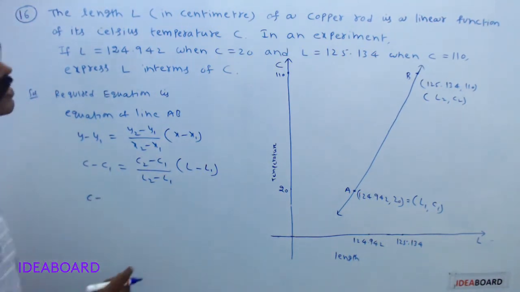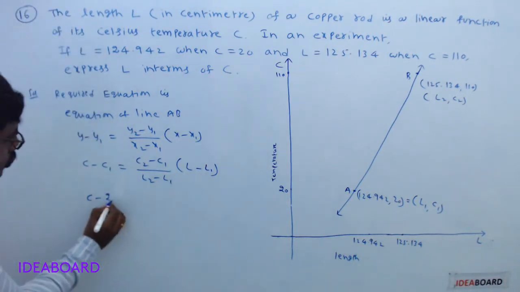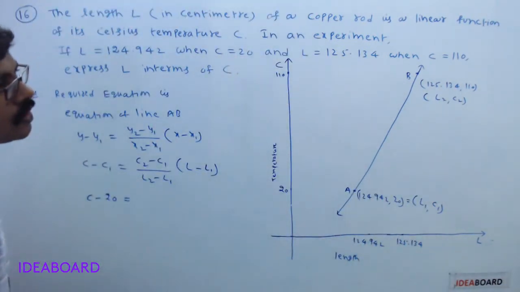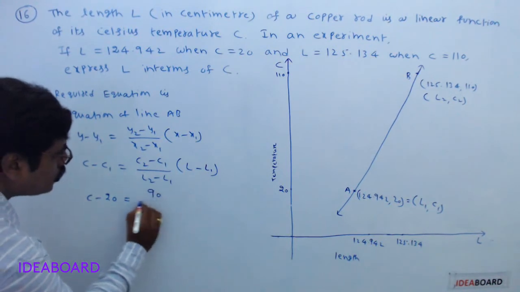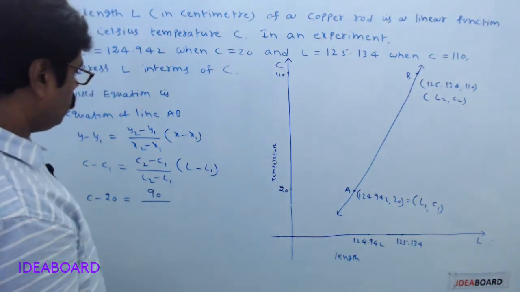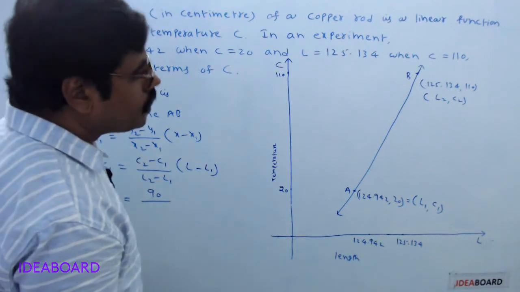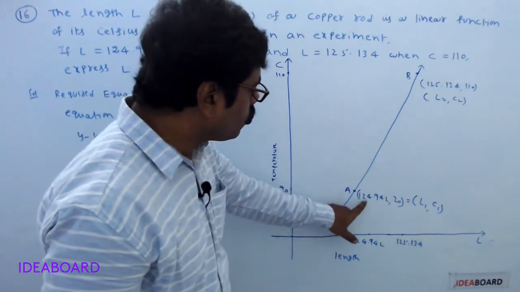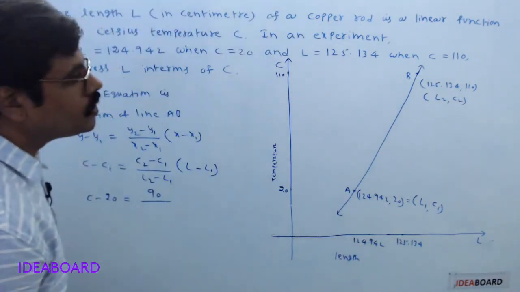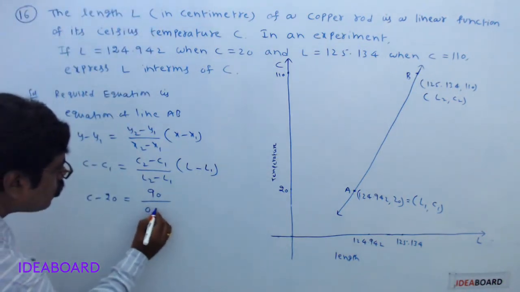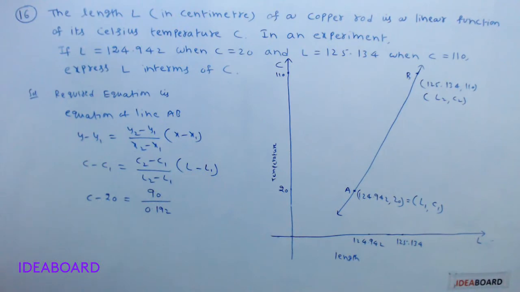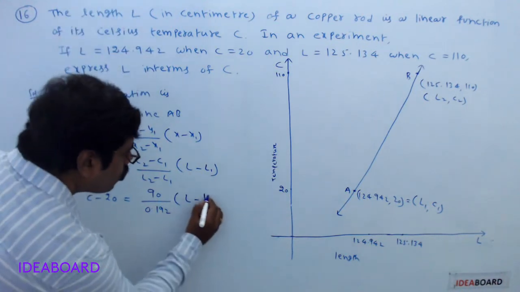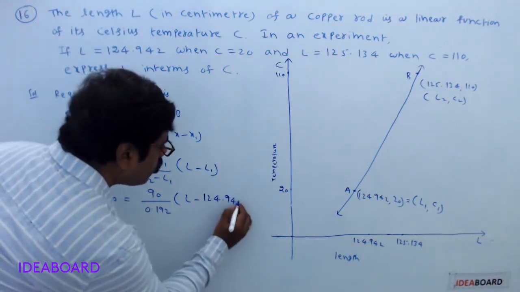C minus C1, where C1 is 20, equals C2 minus C1, that is 110 minus 20, which is 90, divided by L2 minus L1, that is 125.134 minus 124.942, which is 0.192, into L minus L1. The value of L1 is 124.942.